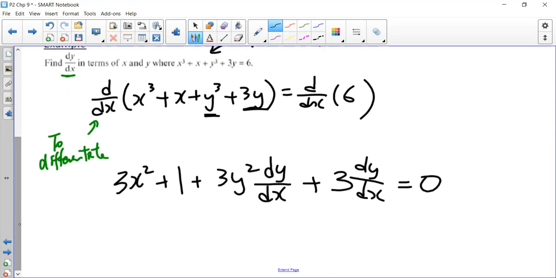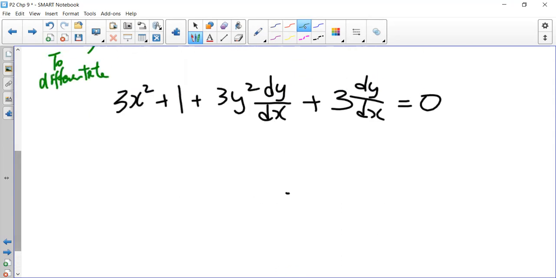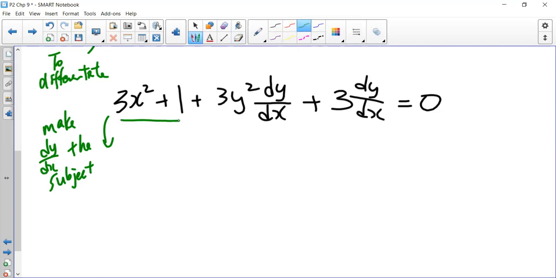Next, I want to make dy by dx the subject. To do that, you have to bring the other terms to the right hand side. So I'll bring these two terms over.